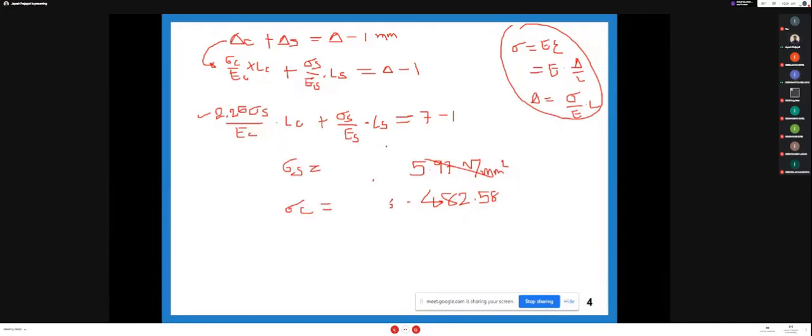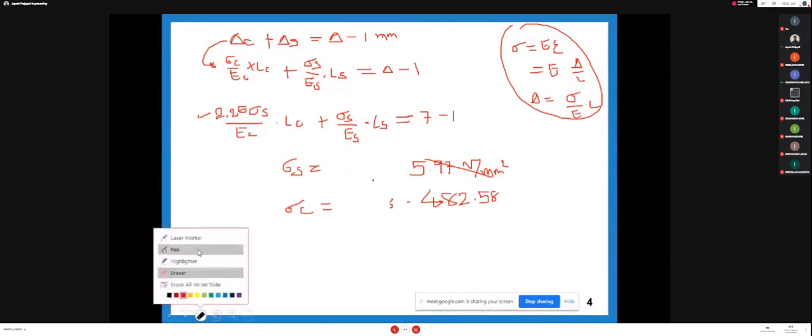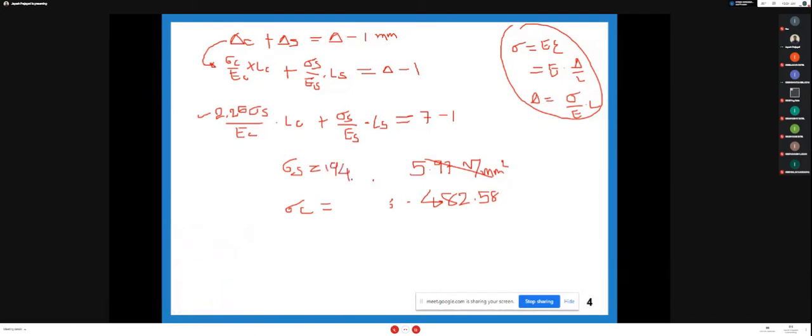What is sigma s? 194.44. So sigma s is 194.44 Newton per mm square.